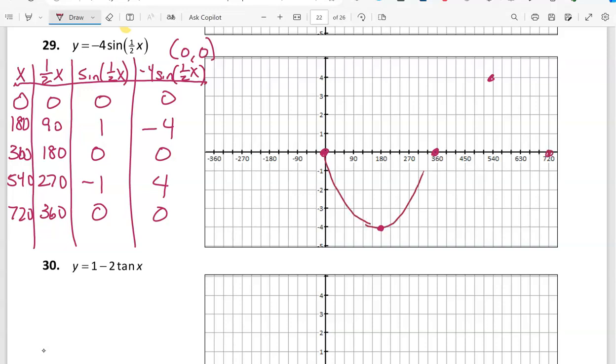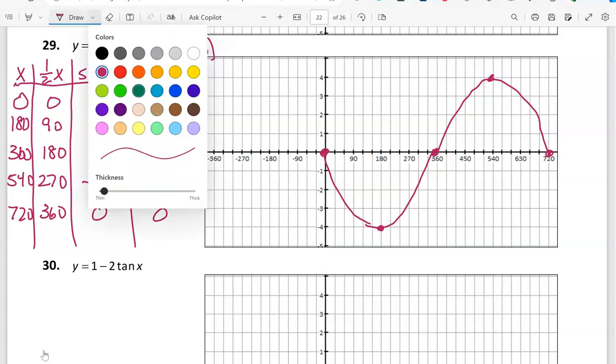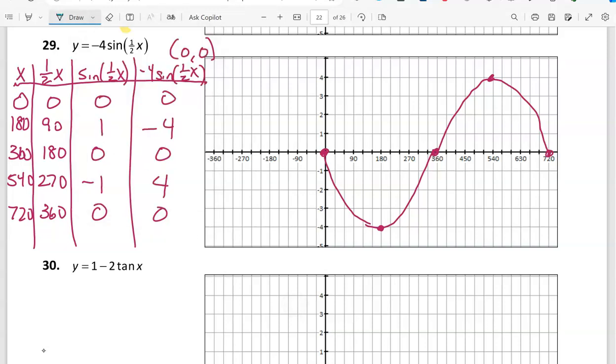That's an inverted sine function that has been horizontally stretched and vertically stretched. Let's indicate another cycle, or as much as we can graph to the left of that initial cycle that was graphed from the table.